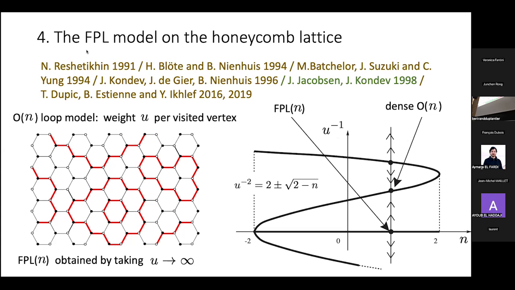And what is special is the fact that you have this. So U here is a weight you put to each vertex which occupies the edge. So when U goes to infinity, it means you enforce the fully packed condition. So U going to infinity is just fully packed. And so it corresponds to U minus 1 going to 0. So this is a line.